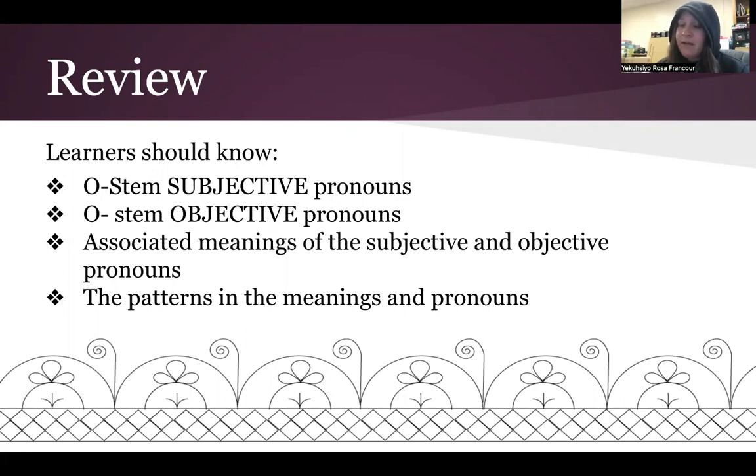I would print them out and I would cut them up. I would cut all the pronouns up individually, and I would put them in order on my desk as I was studying, because I wanted to reinforce the patterns. I wanted to learn the pattern. So I already had the pronouns in front of me, but I put them in order based on the pattern. And my brain just got really acclimated to the patterns. So that's just another activity you can do to help yourself study and learn.